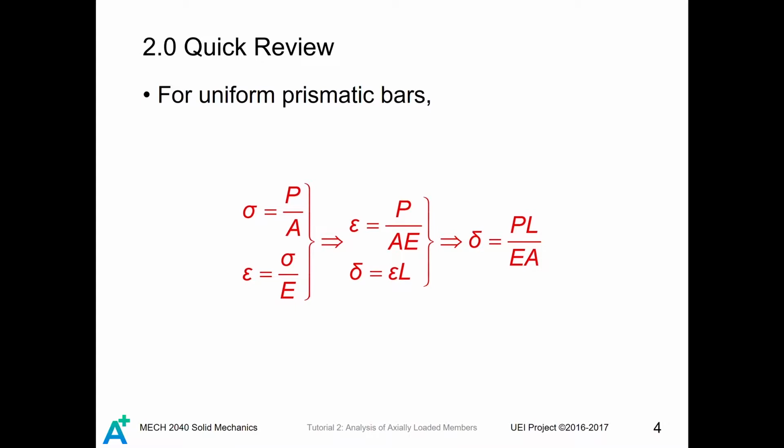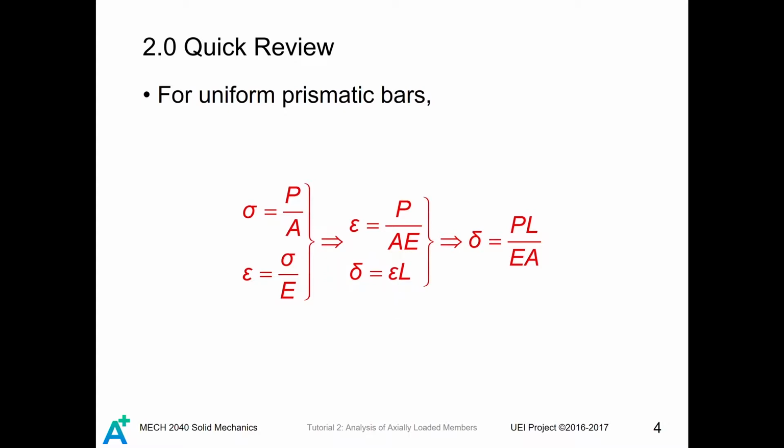So the direct stress equals P divided by A, and the axial strain is given by the stress divided by the Young's modulus. By combining those two equations, we have epsilon equals P divided by AE, and then we consider delta equals epsilon times L, which means the deformation equals the axial strain times the original length.